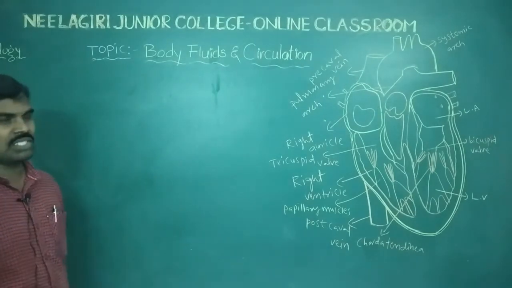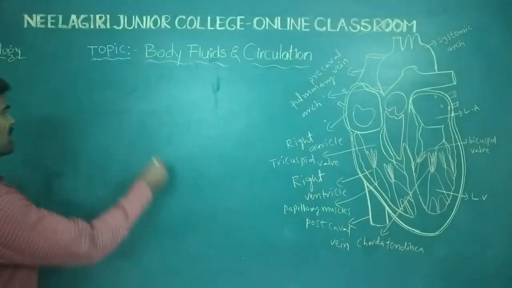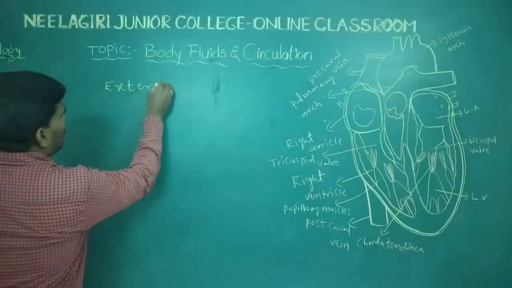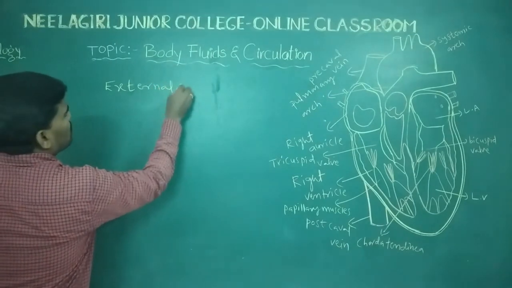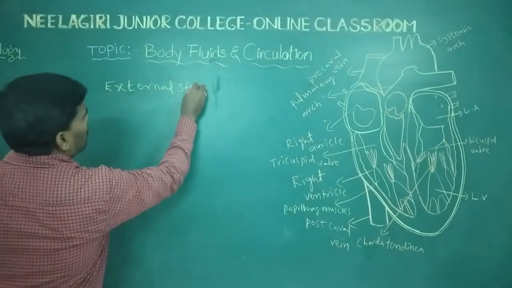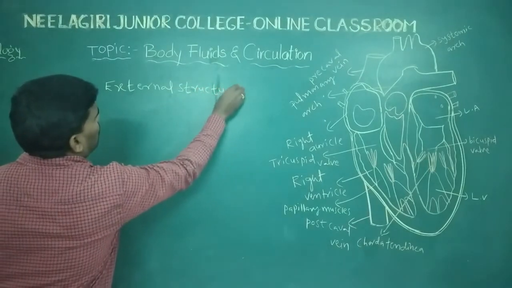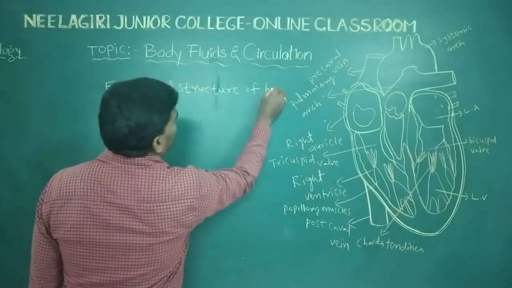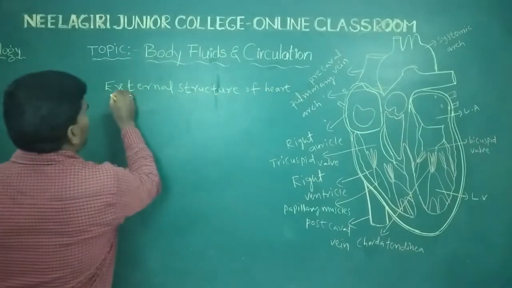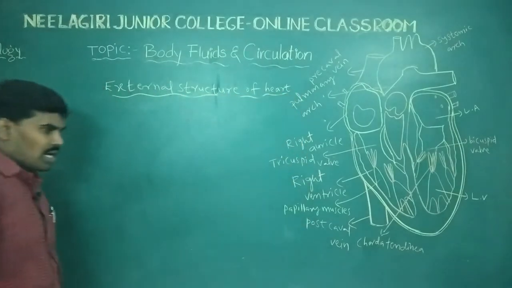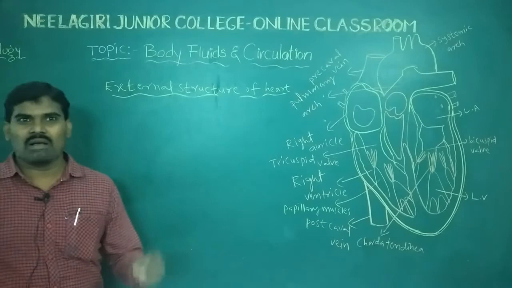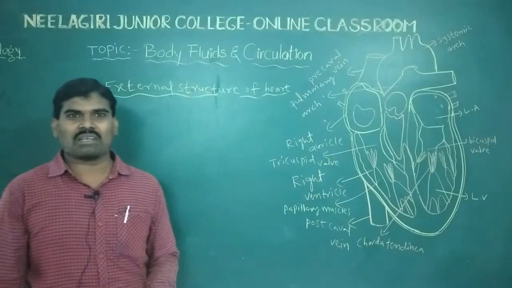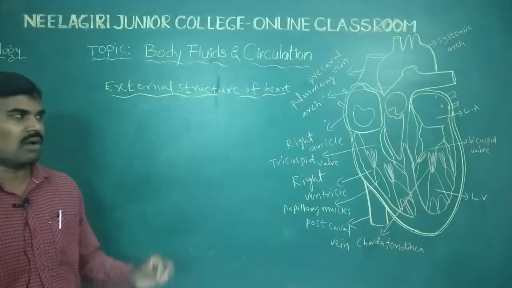The human vascular system consists of the heart. First, the external structure of the heart. The heart is the main pulsating organ, through contraction and relaxation.